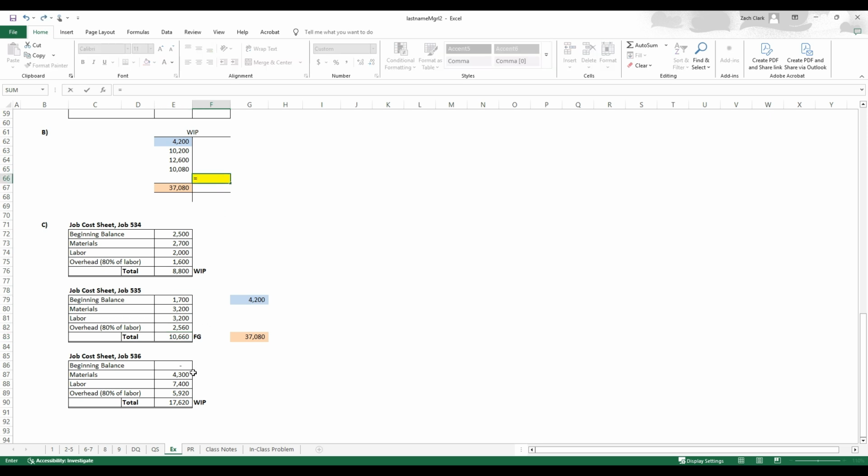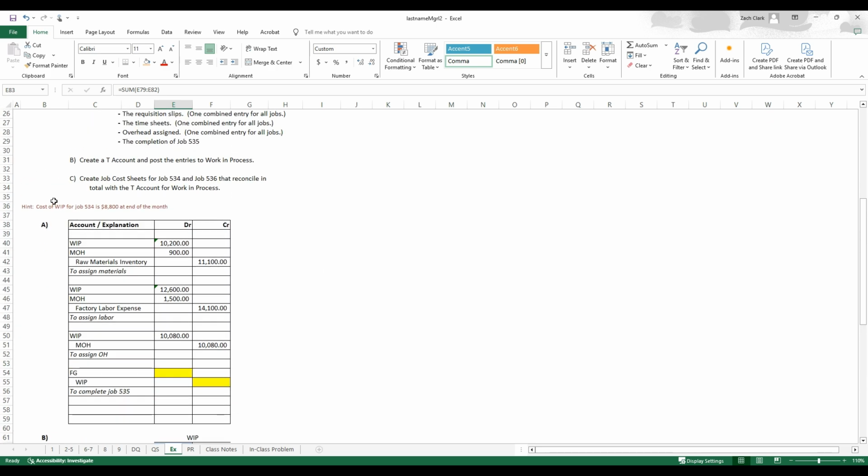So I'm just going to link to that. Credit, boom. And now we can do a little sum of the debits and credits, and we take our bigger minus our smaller, and we end up with 26,420 in our WIP account as an ending balance after moving out the 10,660.